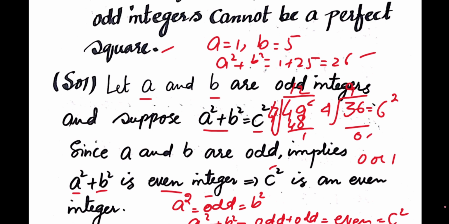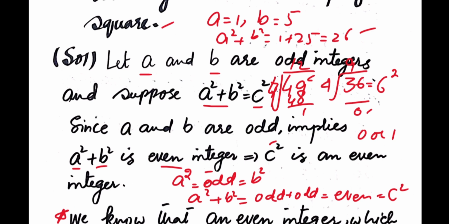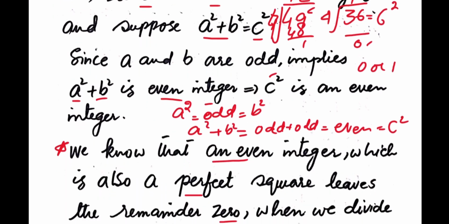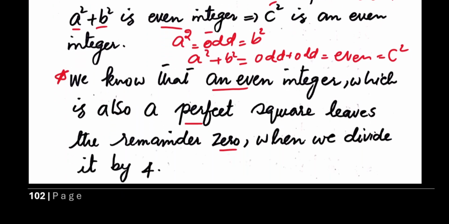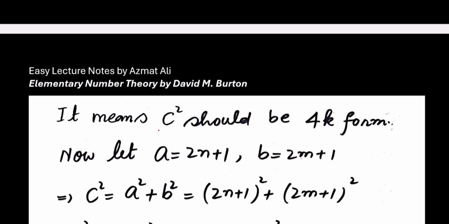In other words, a perfect square that is even is a multiple of 4. So it means c² should be of the form 4k, because c² represents a perfect square, so it should be a multiple of 4. Multiple of 4 means it can be written in the form c² = 4k.